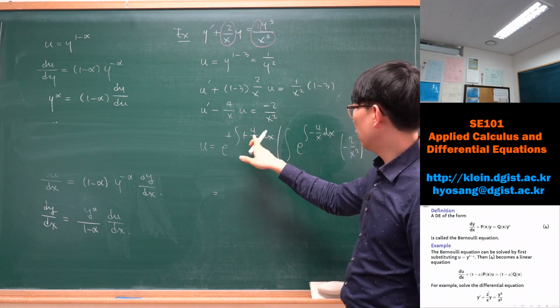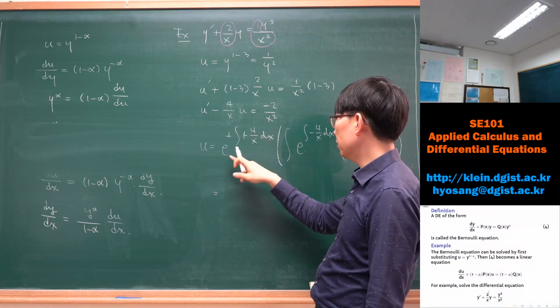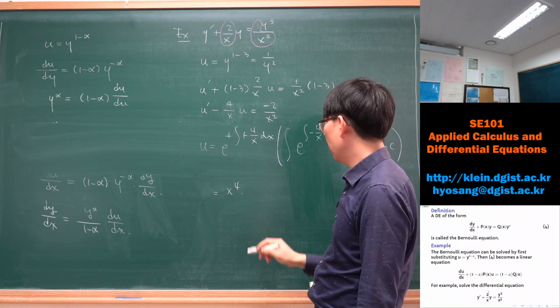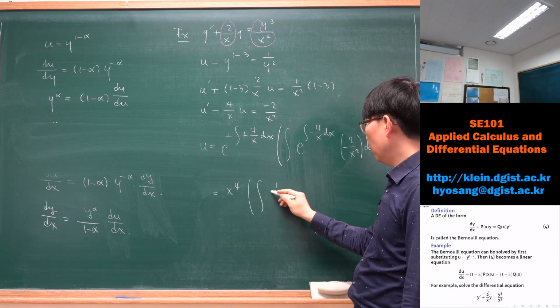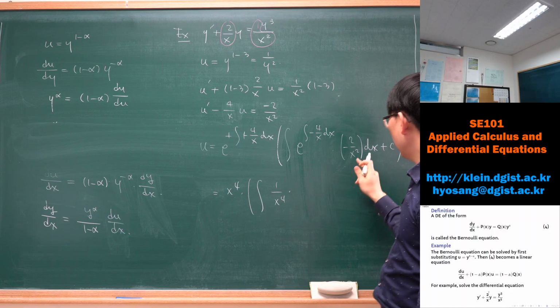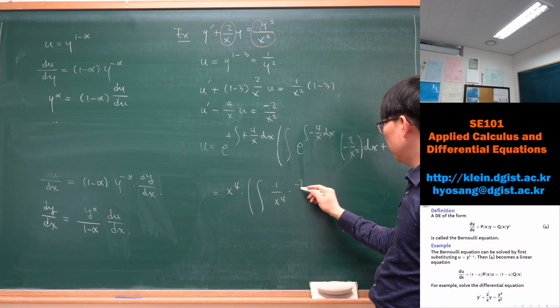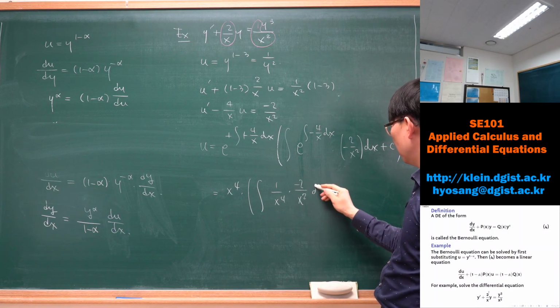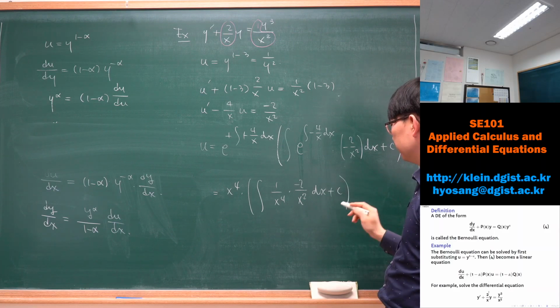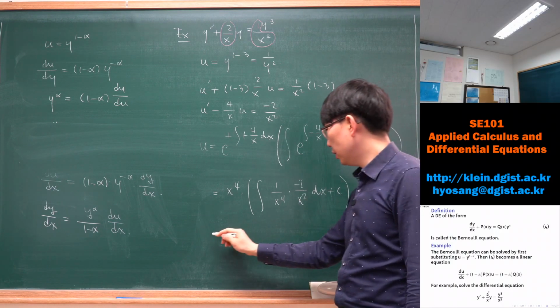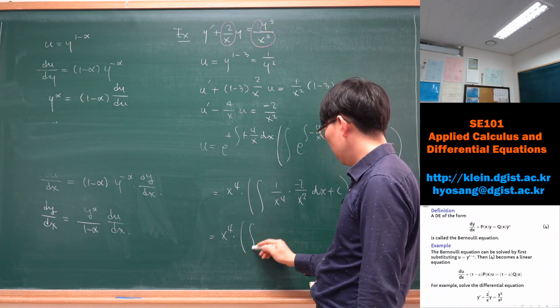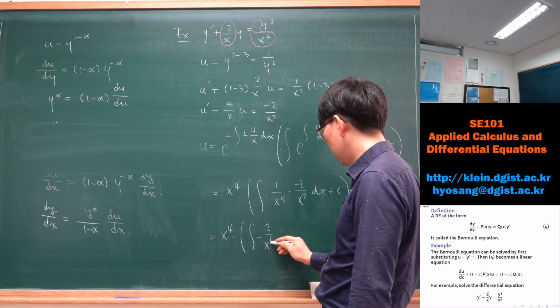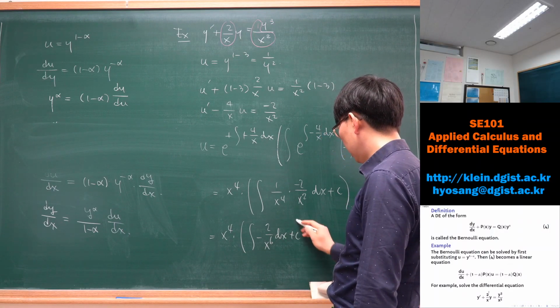In integrating, 4 ln x becomes x to the fourth, and this is the integral of 1 over x to the fourth times minus 2 over x squared dx plus c. So basically it's x to the fourth times the integral of minus 2 over x to the sixth dx plus c.